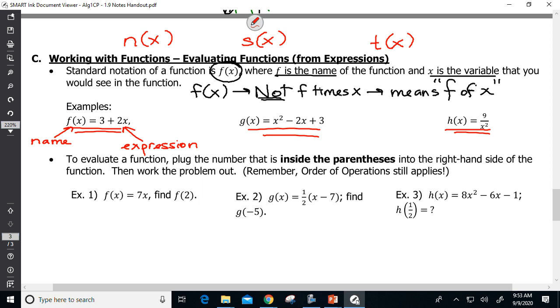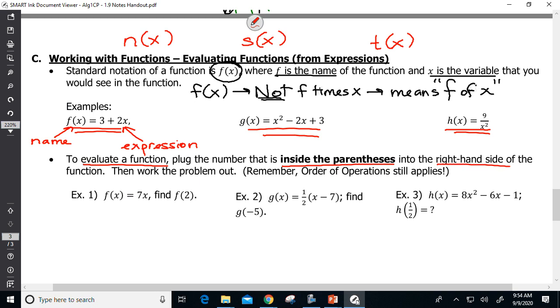So, what can we do with something like that? We can evaluate a function. Just like we can plug numbers into an expression, you can plug numbers into a function. So if we're going to evaluate a function, plug the number that is inside the parentheses into the right-hand side of the function.